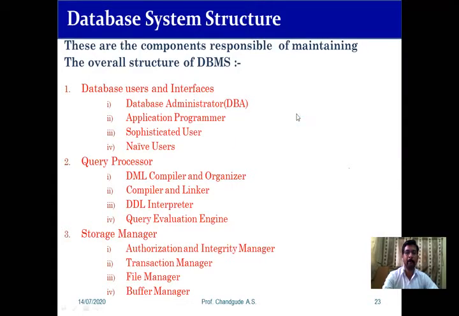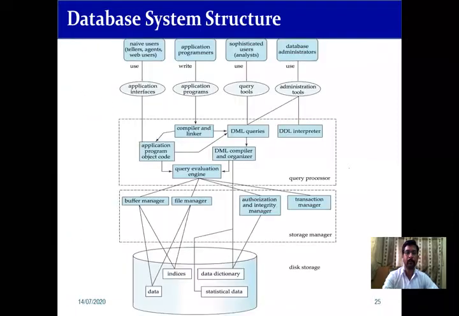So I'm going to just show you the database system structure. The upper portion is the first module, which is the database users and interfaces. These are the variety of users.